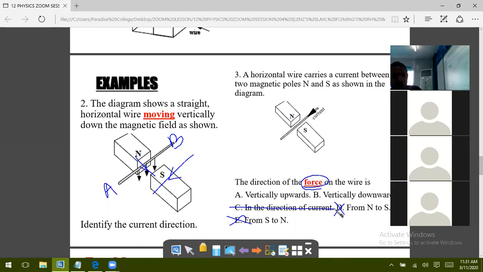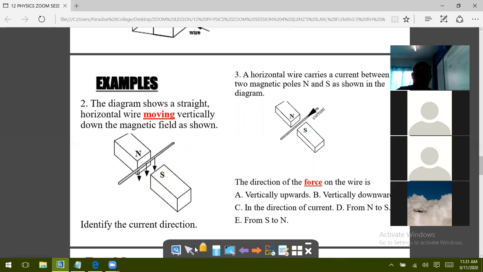Which one is the correct answer? A. Are you using left hand or right hand? Left hand. The correct answer is A.